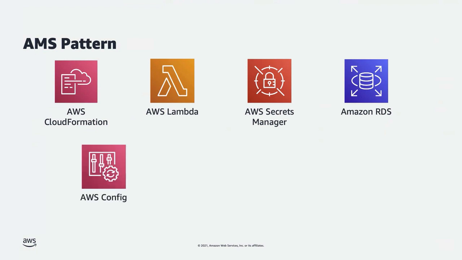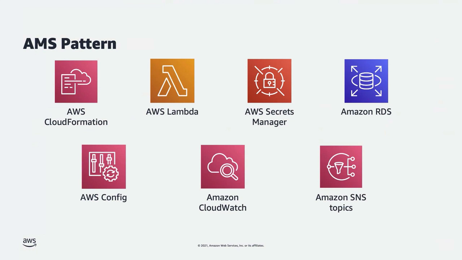Then we would use AWS Config to check for a state change in the database, and use CloudWatch to ensure that the change was implemented successfully. And finally, we would use Amazon SNS topics to notify the customer if there was a failed rotation.